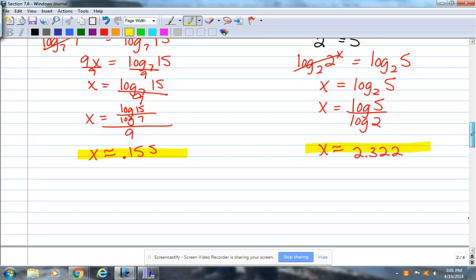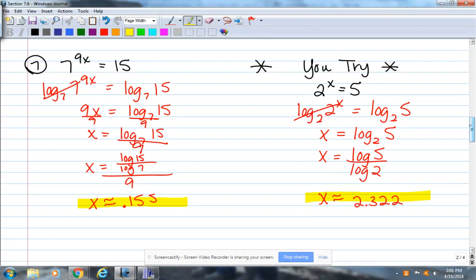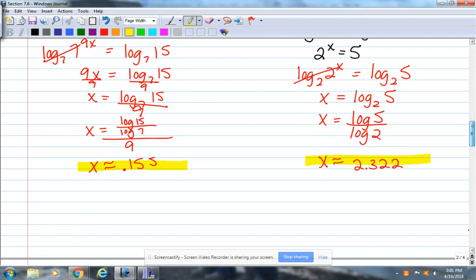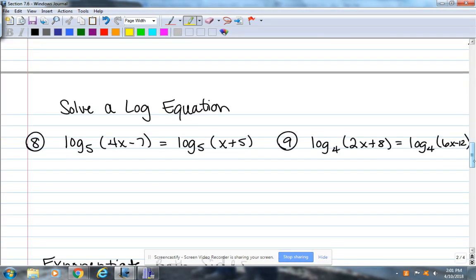All right. Next thing we're going to talk about. So that was when we took a log of both sides. So what if there is a log in the original problem? We're going to start with them like this when there's already a log on both sides.